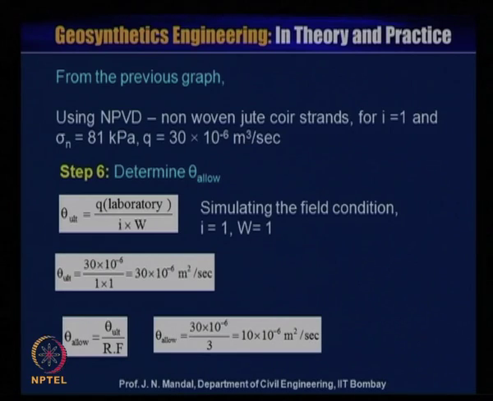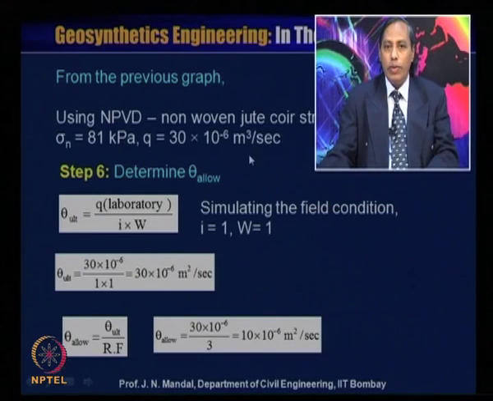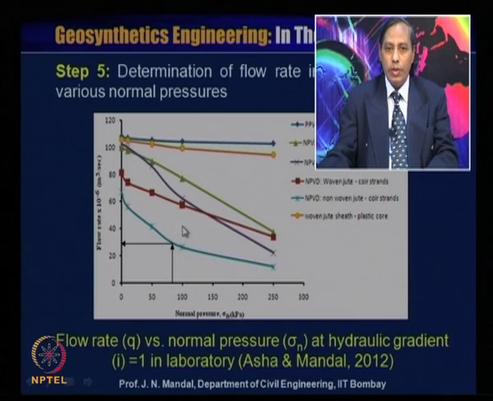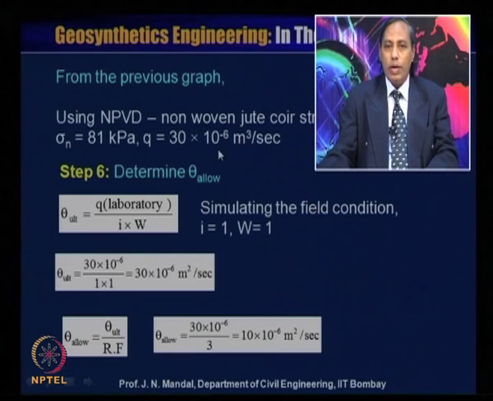So, from the previous curve, using the natural prefabricated drain or non-woven jute geotextile, for i equal to 1 and sigma n 81 kilopascal, the corresponding flow rate is between 20 and 40, so Q is 30 into 10 to the power minus 6 meter cube per second.